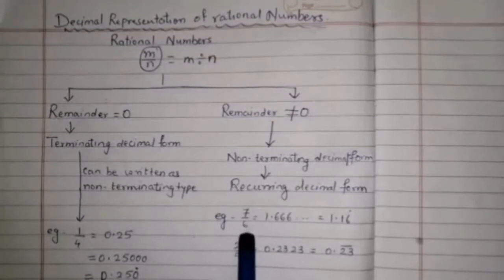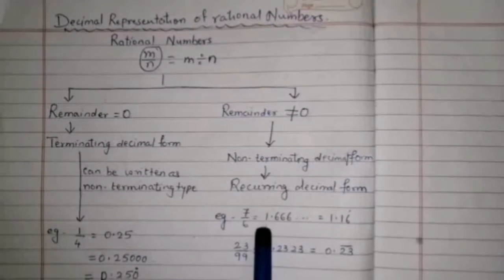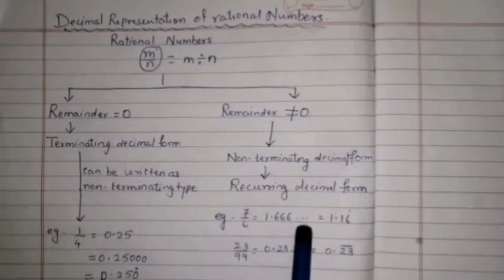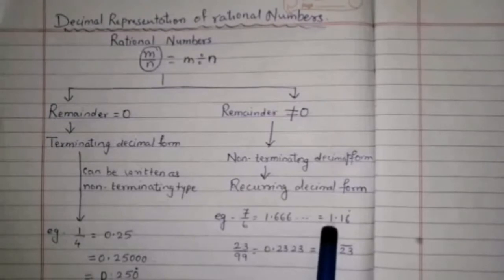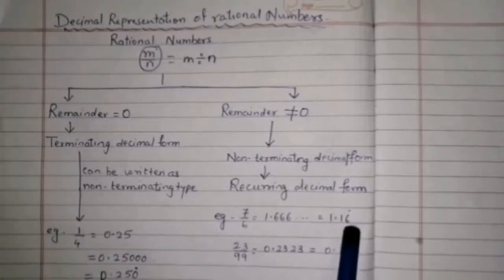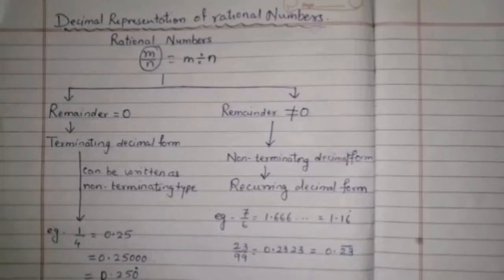After dividing 7 by 6, we get the quotient 1.666. You divide as many times, it will continue 6. So this can be written as 1.1 recurring 6, because 6 is repeating as many times as you divide. So this is known as recurring decimal form.